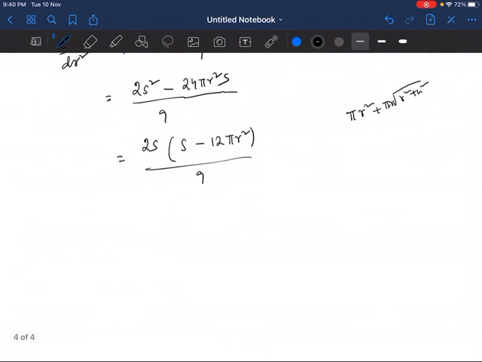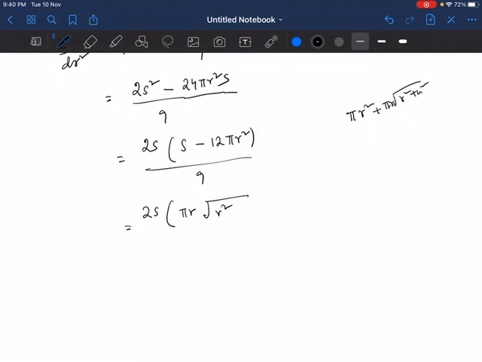So if we put the value in here, we are getting pi r root over of r square plus h square minus 11 pi r square divided by 9. It's coming out to be negative. If you look carefully, obviously 11 pi r square is far more than this one.